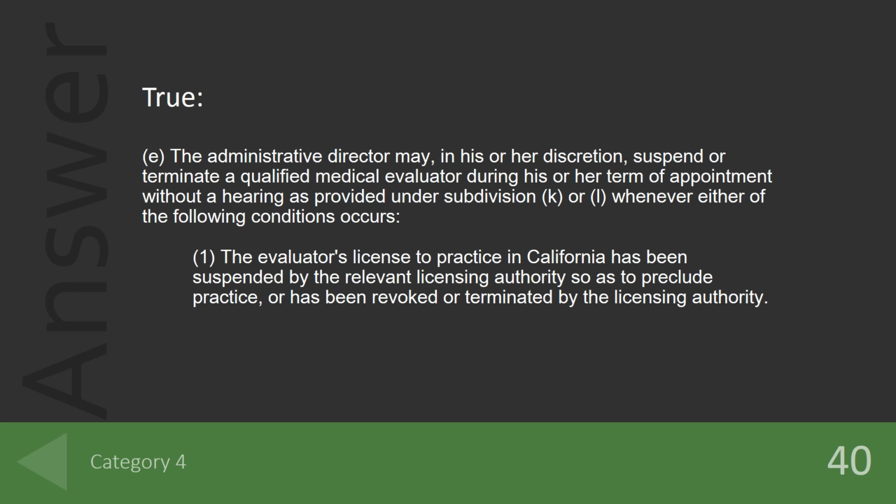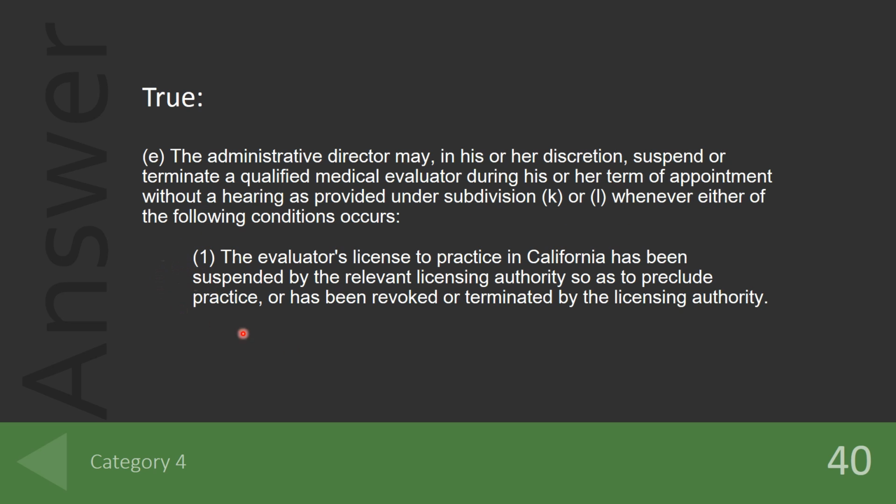Well, that's actually true. It's true. And the code section reads as follows. It says that the administrative director may, in his or her discretion, suspend or terminate a QME during his or her term of appointment without a hearing when either of the following conditions occur.